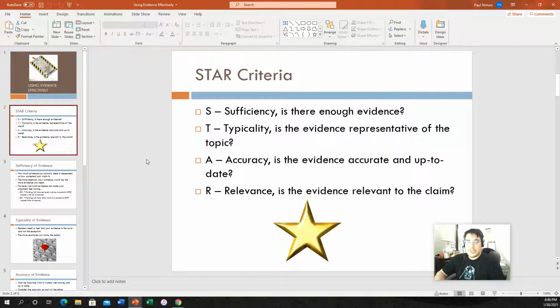And so what does that mean? STAR method is sufficiency, typicality, accuracy, and relevance. And I'm going to get into each one of those in just a minute. So when you're deciding on, is this evidence that I'm using, or is this evidence that my opponent is using, good enough? These are the things that you want to keep in mind. These are the things that you want to consider.